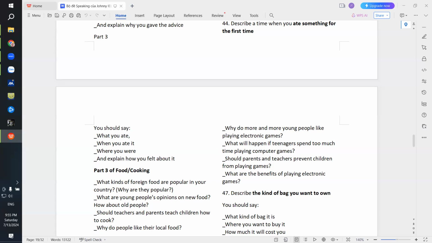So, why do people like their local food then? I think people like their local food because simply they are used to eating them, including the way they are seasoned and prepared. Besides that, in coastal areas, there are many kinds of fresh and delicious seafood that make the dish more unique and delicious.